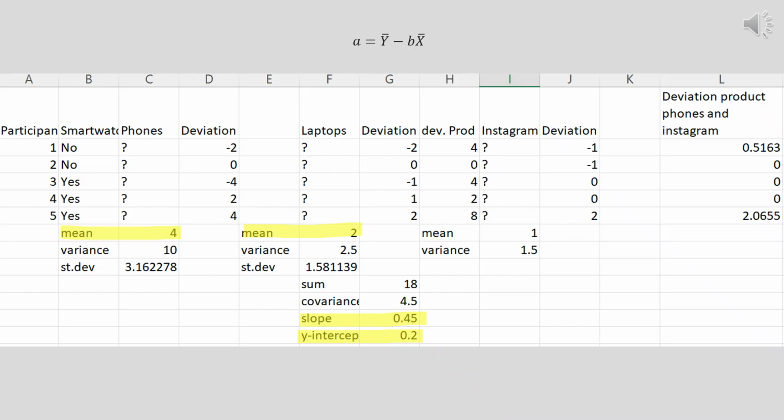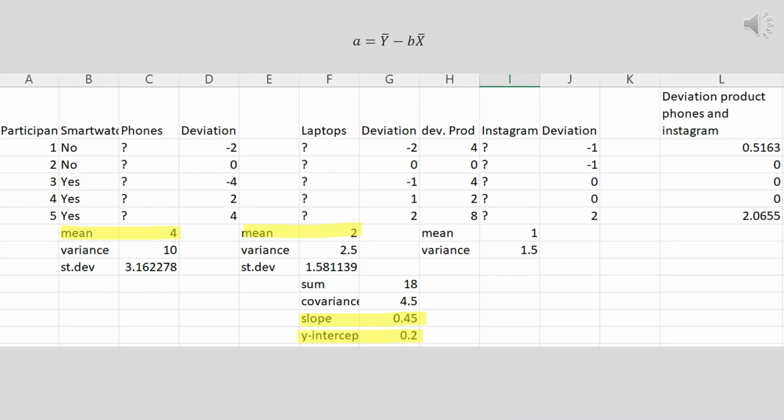Well, we've got all those numbers already, which is great. So you take the mean of y, which is 2, that's the mean number of laptops people own, subtract the slope, 0.45, times the mean of x, and people owned an average of 4 phones. So you take 2 minus the product of 0.45 and 4, and you end up with a y-intercept of 0.2.